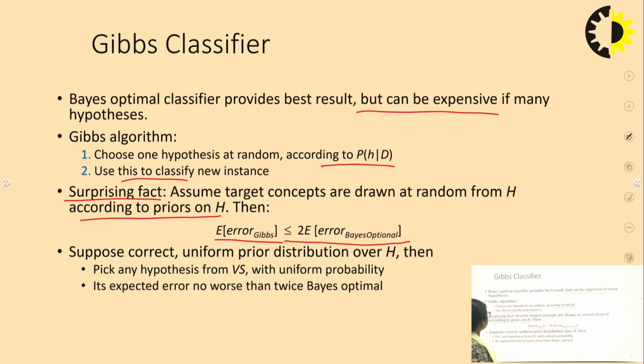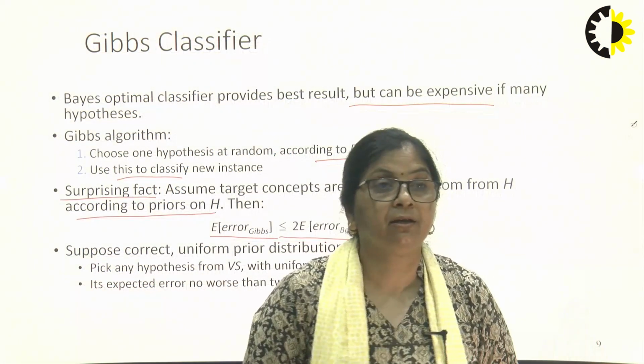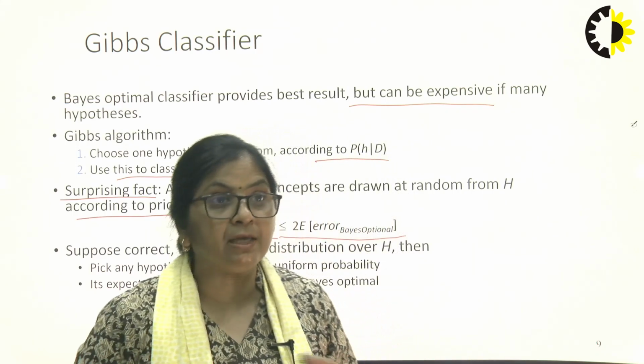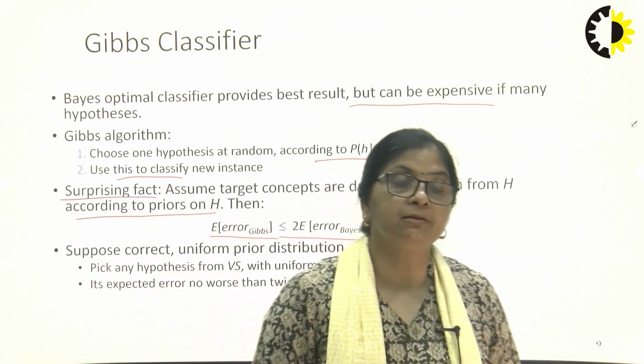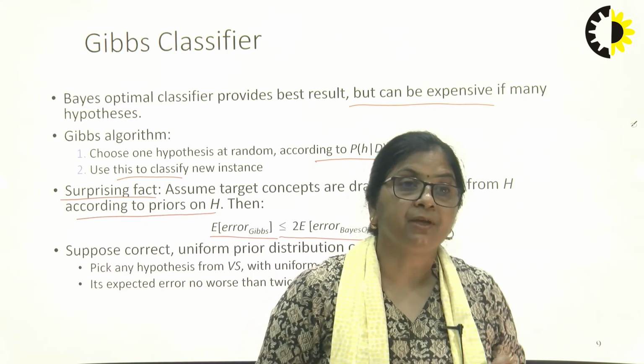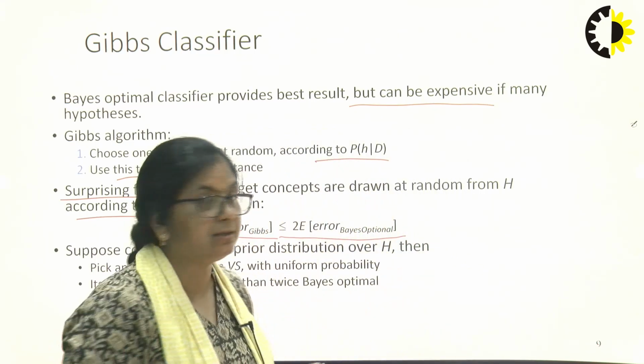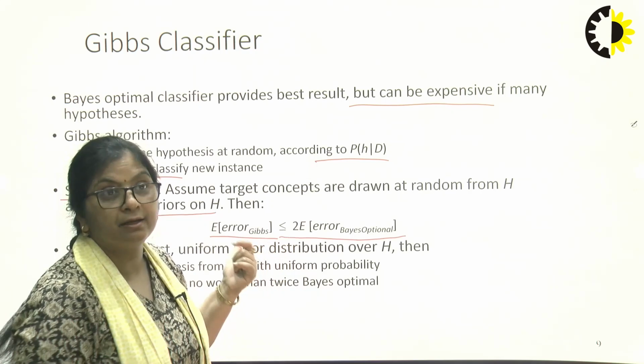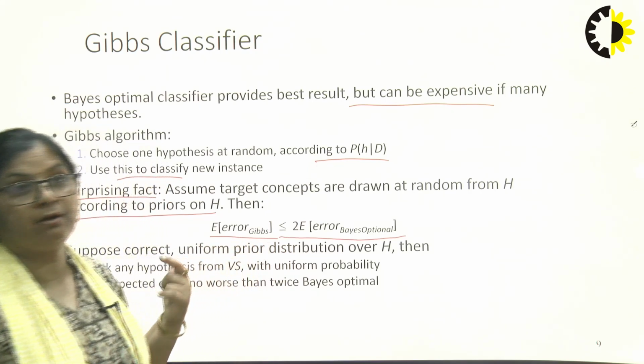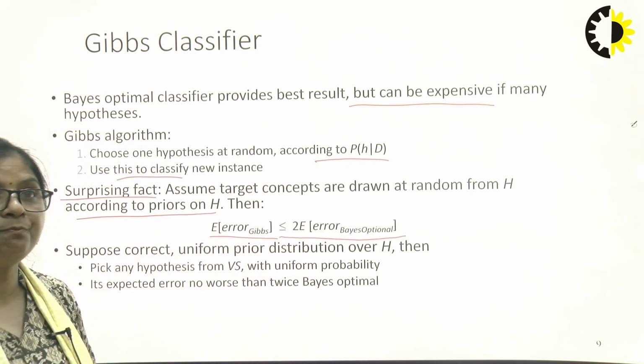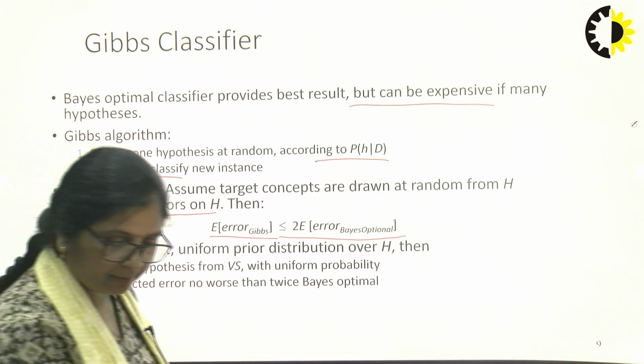Okay. So, this is also one option. We can use Gibbs classifier if we can bear the suboptimal solution. At maximum, it can give us just twice the error given by the Bayes optimal method.